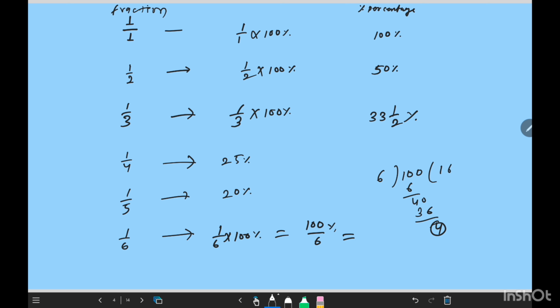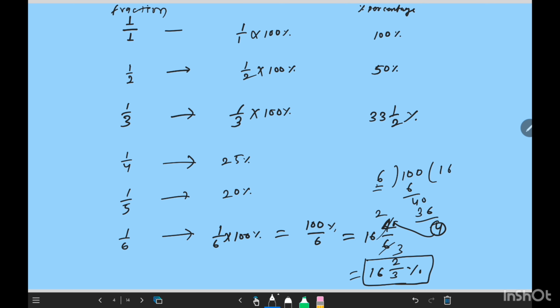We write this like 16 and 4 upon 6. For this remainder we write here, and this number we write here, and then we can cancel it by 2. It will make 2 upon 3. 16 and 2/3. This will be our outcome.